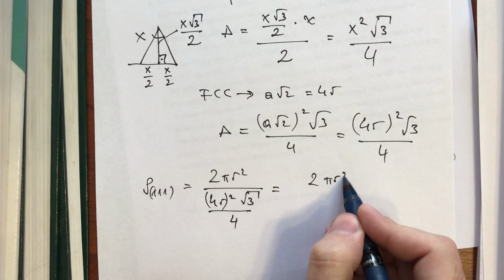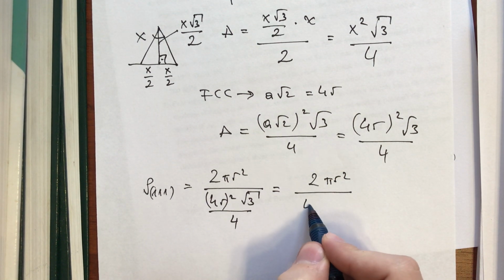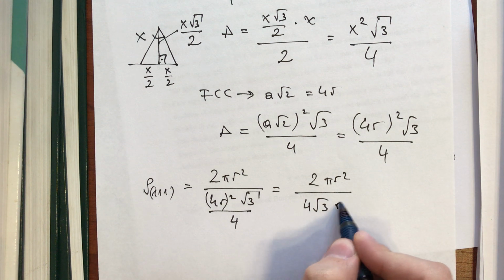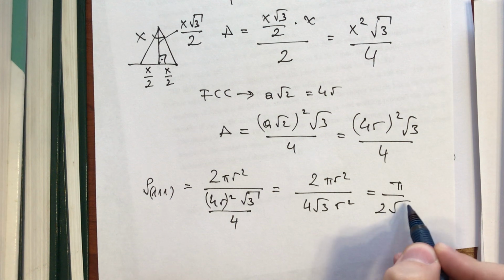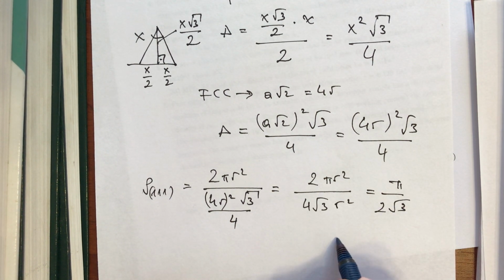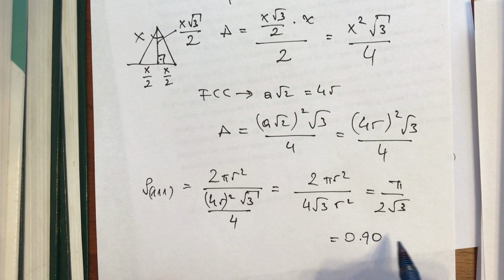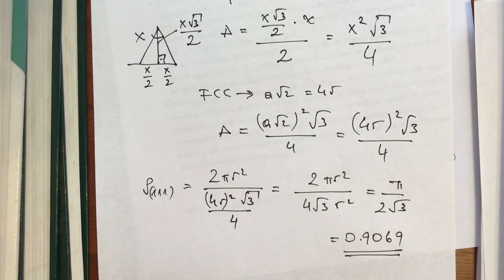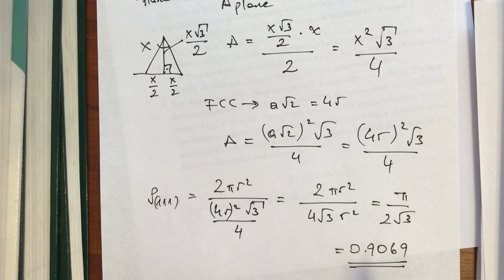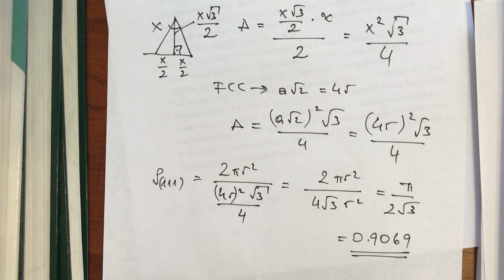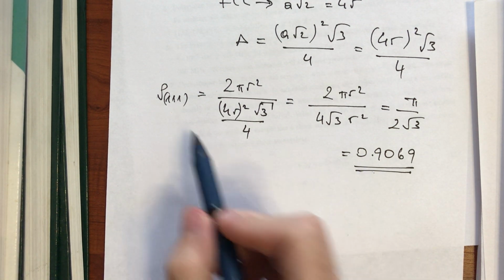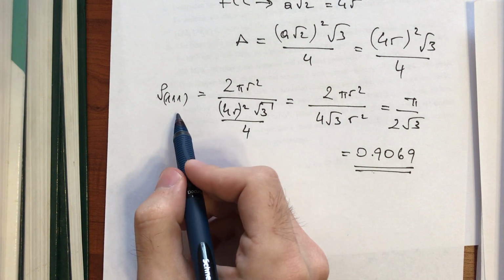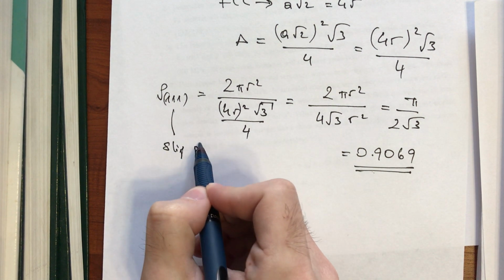If you simplify this expression, you will get pi divided by 2 times square root 3, and that's going to give you 0.9069. So if you calculate the density of all the different families of planes for FCC, you will see that this is the most dense plane, and these most densely packed planes have special names called slip planes.